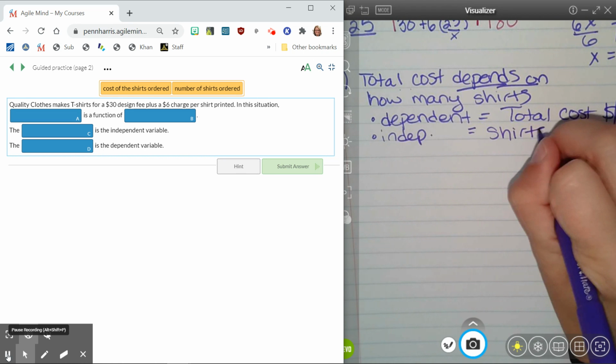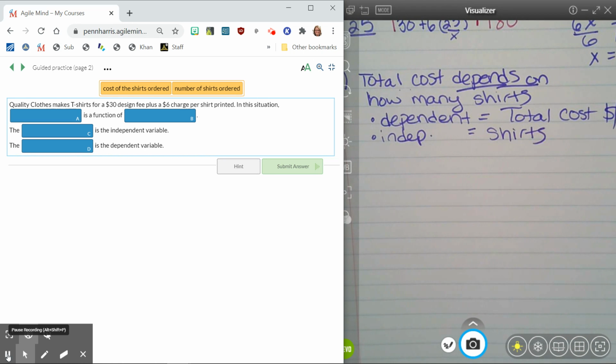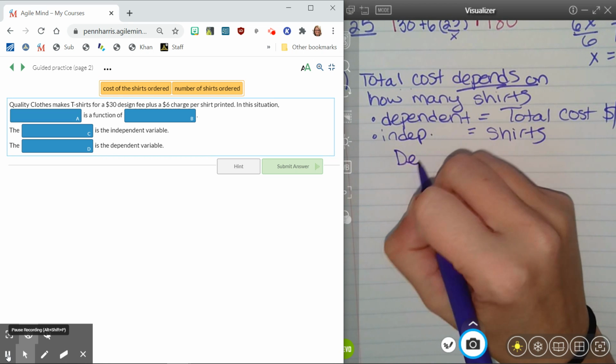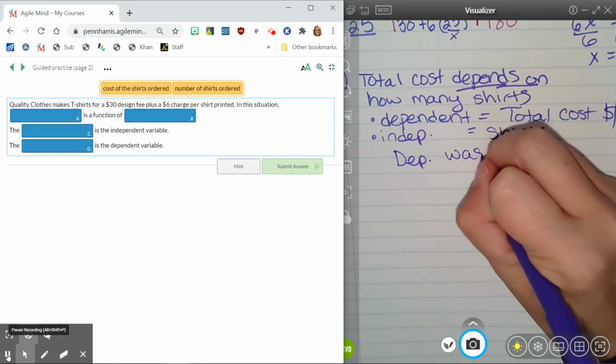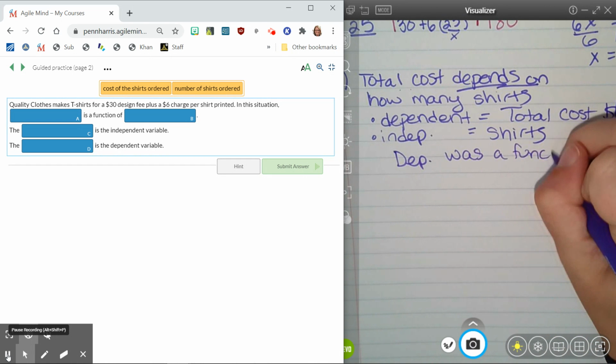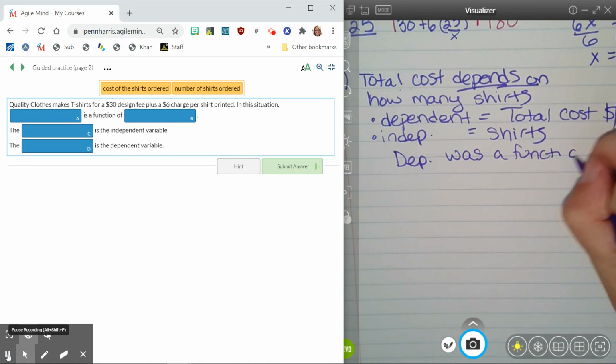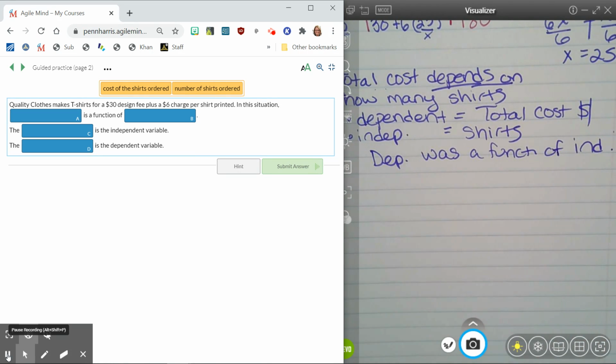If you guys remember back to our notes, we always stated that the dependent variable was a function of our independent variable.